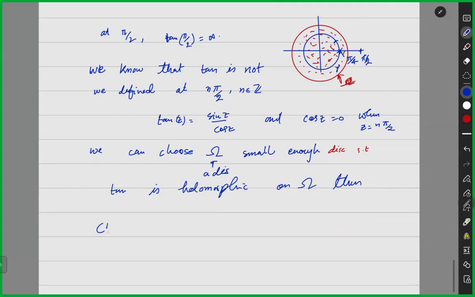Here it is Cauchy theorem for closed curves, because omega is a convex set, we have chosen a disk. So Cauchy theorem says the integral over gamma of tan z is equal to 0.